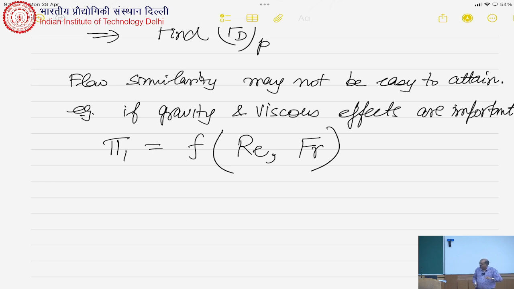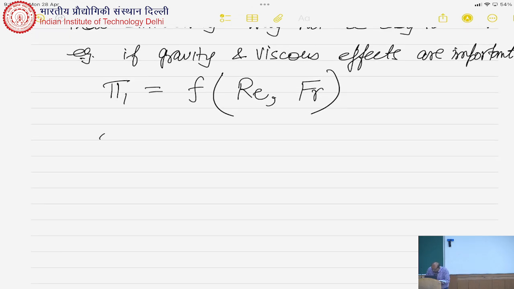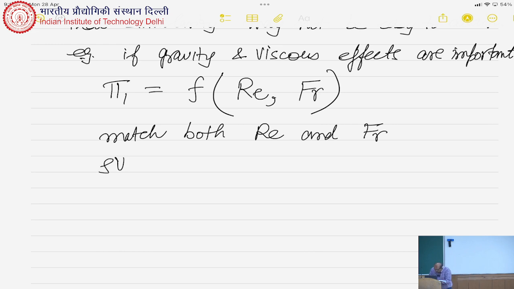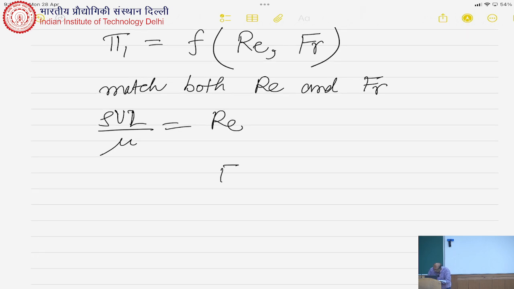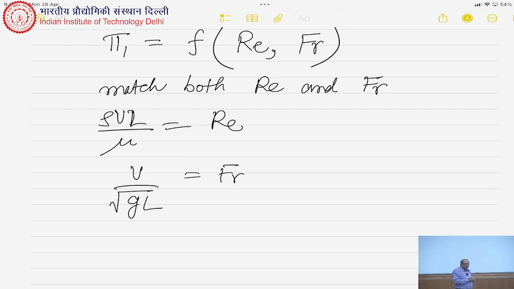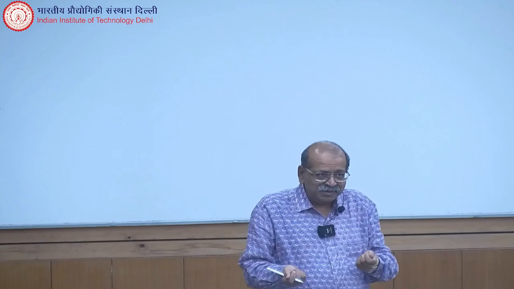So now, if this is the case, then you have to match both the Reynolds number and the Froude number. Now, Reynolds number is rho VL upon mu, and Froude number is equal to V squared upon gL. Now, suppose the length ratio is already fixed, if you match Froude number, that means the velocity is fixed.